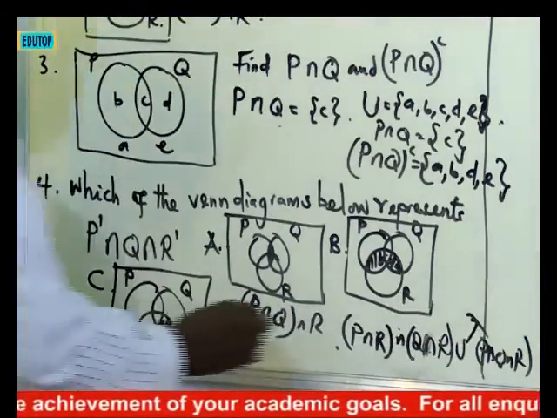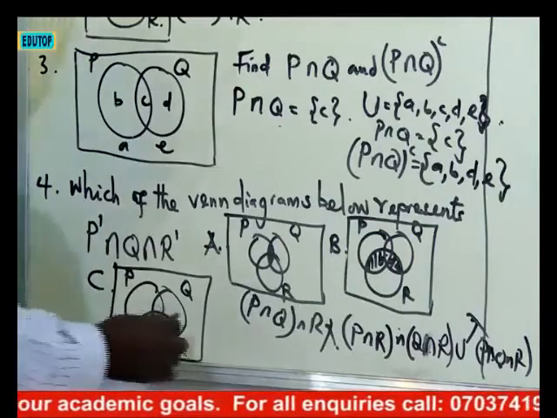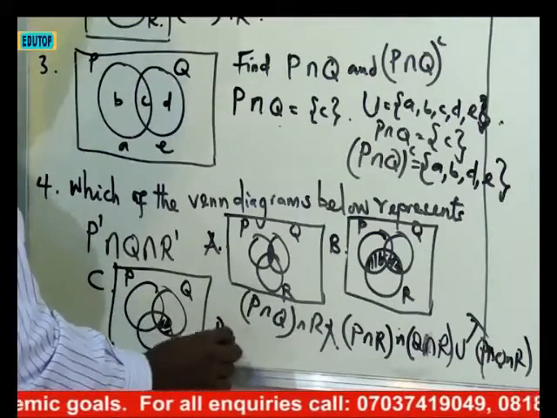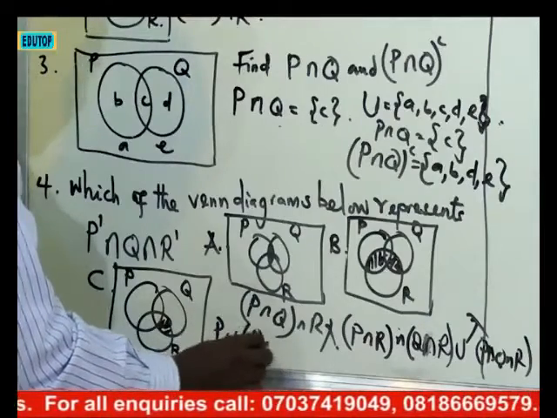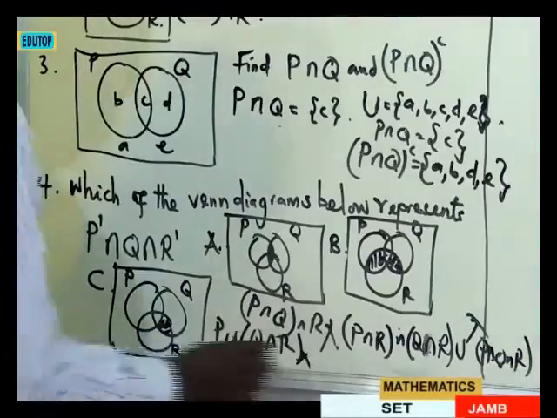So this one is not part of what we are looking for. Then this one is just P union Q intersection R. Is it part of what we are looking for? No, it's not there. So let's see the last one.